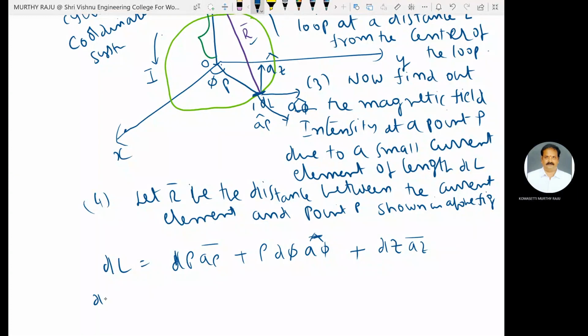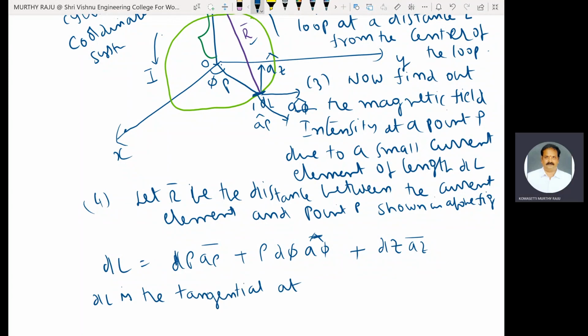Therefore d rho a rho is 0, and dz a z is 0, because the current element is along the a phi direction only, not a z and not a rho, because it is tangential to the circular loop.